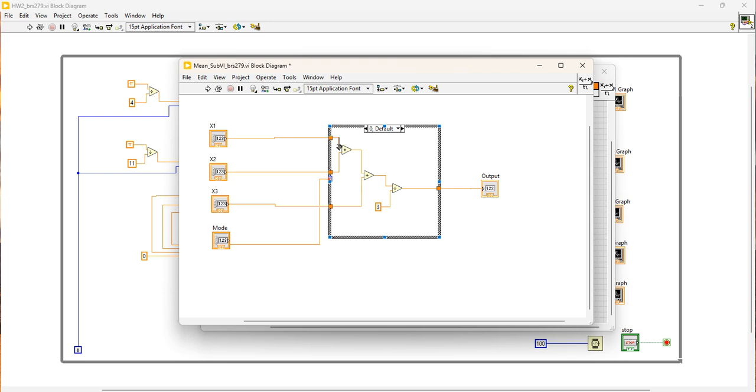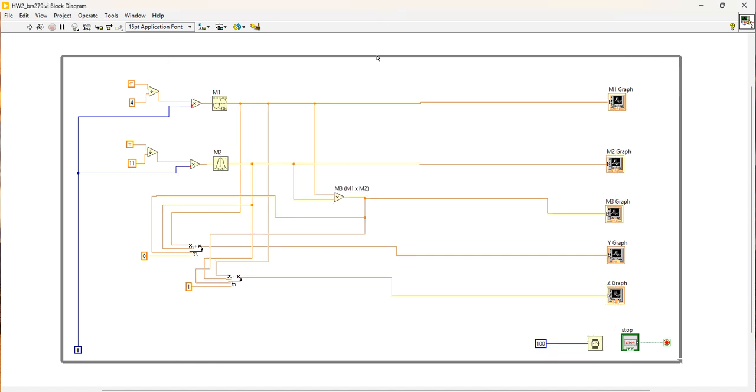For the 0 case, it just sums the three inputs and then divides by 3 and then feeds that into an output. And for the 1 case of the case structure, it first squares each of the three inputs and then sums them, divides by 3, and then takes the square root output.